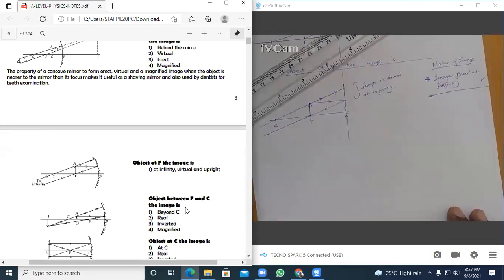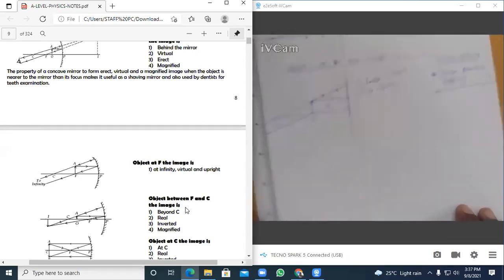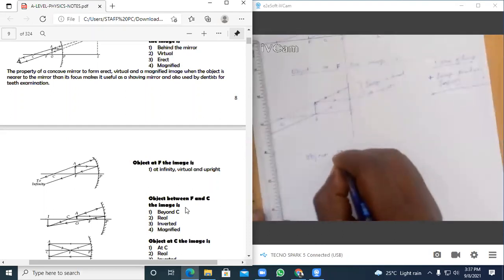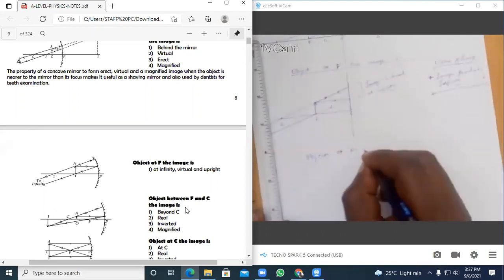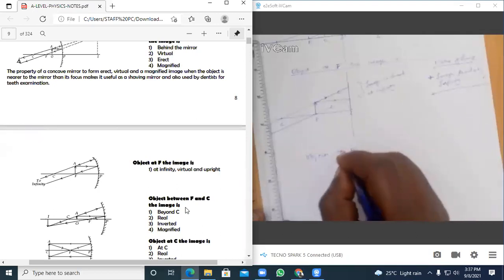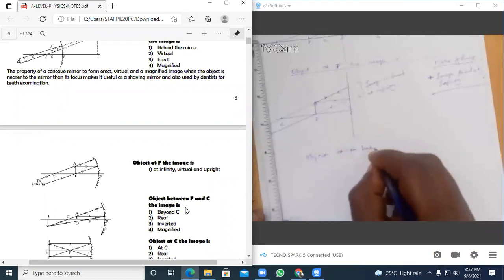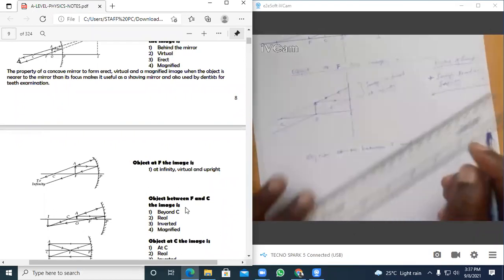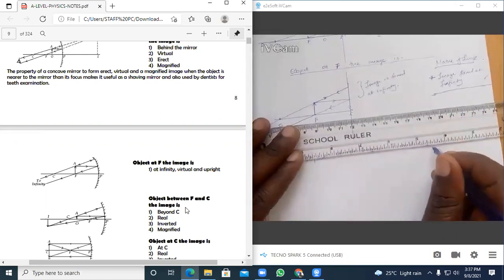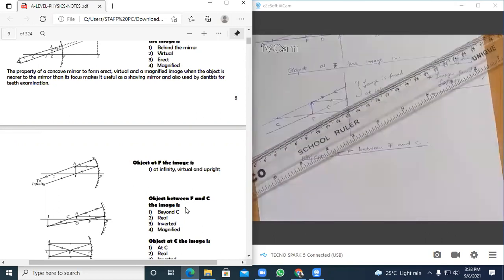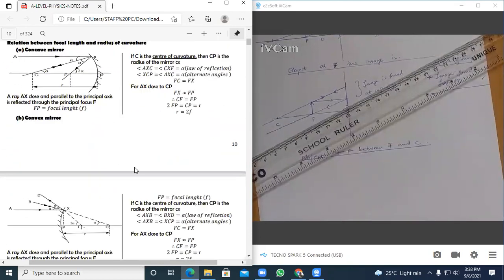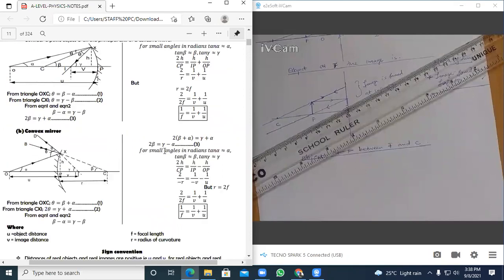Okay, then lastly, object between F and C. So members, next lesson, do not miss, because we are going to look at these derivations here. Are you seeing these derivations?